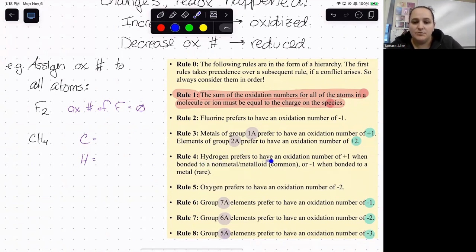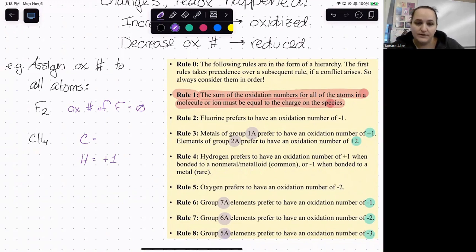So we see that hydrogen prefers to have an oxidation number of +1 when bonded to a nonmetal or metalloid, which is the common one, -1 when bonded to a metal, which almost never happens. We have the hydrogen bonded to the carbon here, which is a nonmetal. So we know that that hydrogen is going to have an oxidation number of +1.